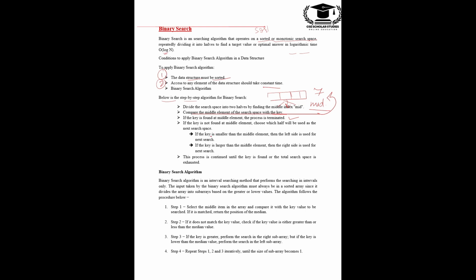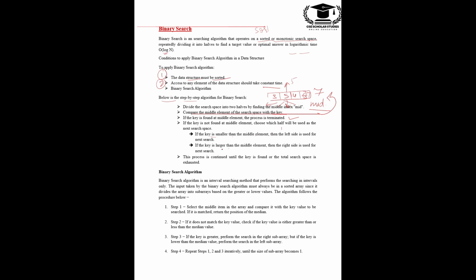Suppose the searching key is smaller than the mid element, suppose 3, 5, 4, 6. If the searching element is smaller than the mid value, suppose the mid value is 5, then we go to the left of the array.